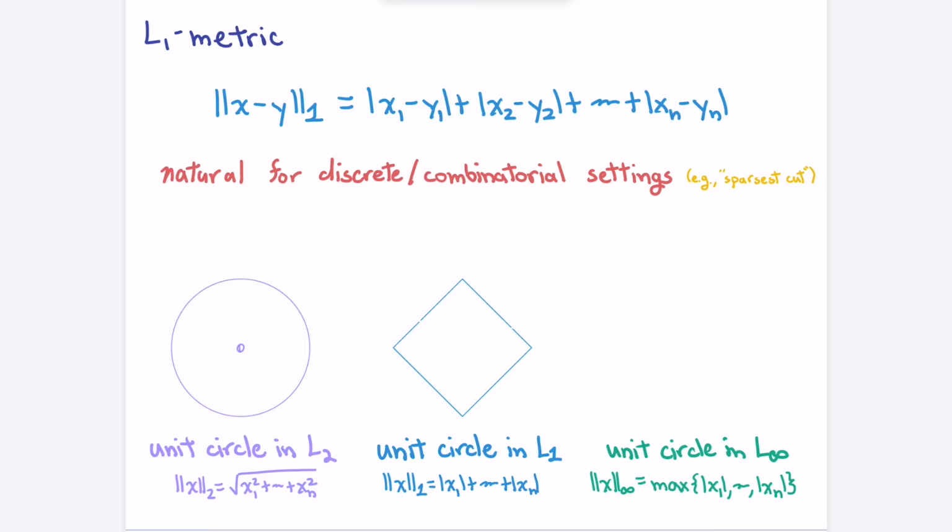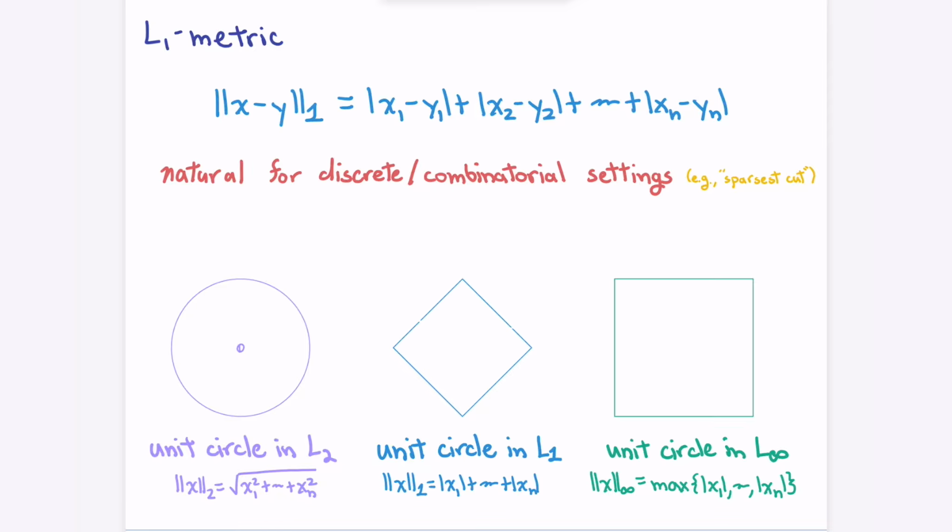Arguably a square. But anyway, what about L infinity norm? Yeah, it's a square, or arguably a diamond. Okay. Fine. So different metrics have different characteristics. Today we'll focus on L1.